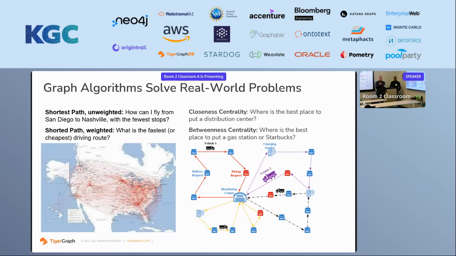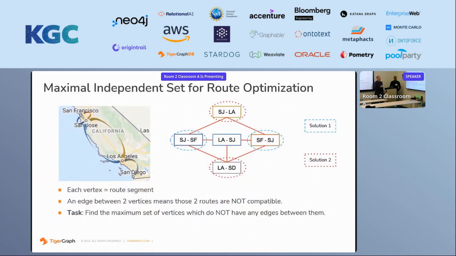What is the fastest driving route? Where is the best place to put a distribution center? These are all interesting challenges from a supply chain perspective, from an optimization perspective. And so we're looking to solve some real world problems. And some of those problems are very, very hard from a computational perspective.